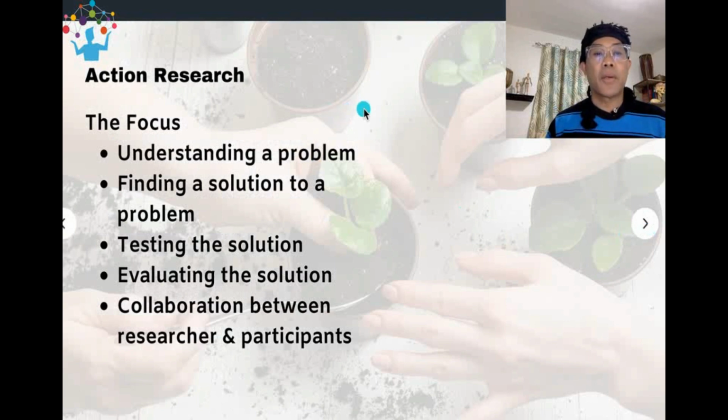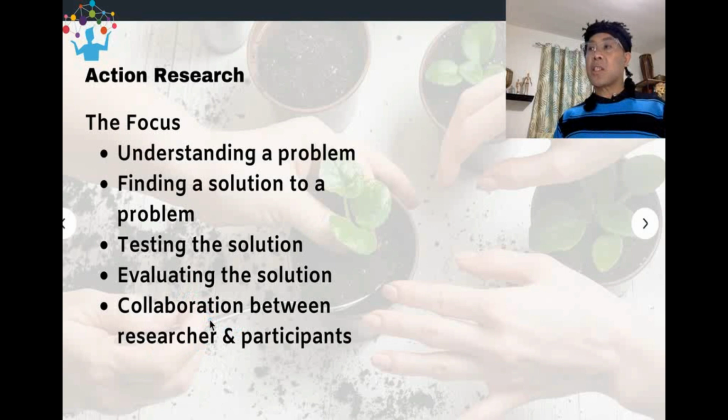The focus is to understand the problem, find a solution to the problem, test the solution, and evaluate the solution. Testing is the implementation of the solution, then there is the collaboration between the researcher and the participants.